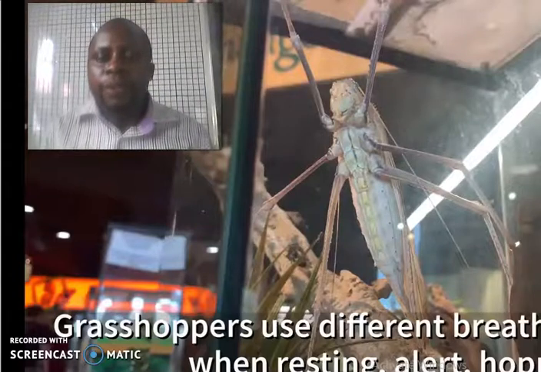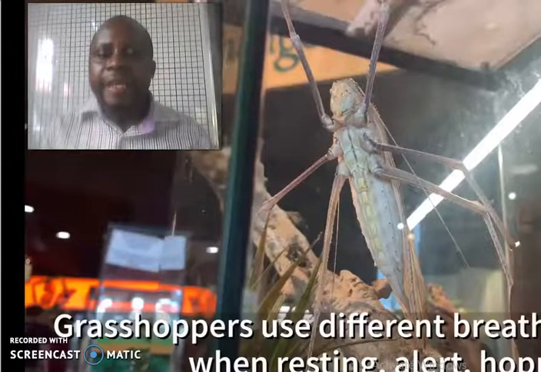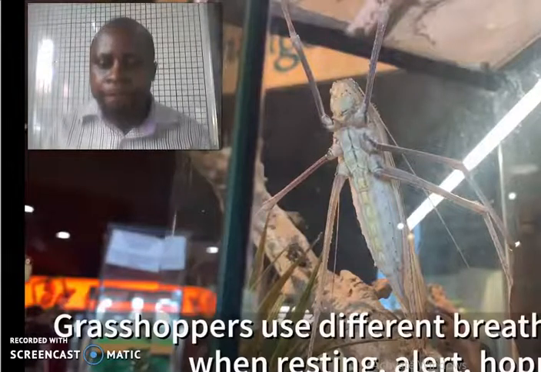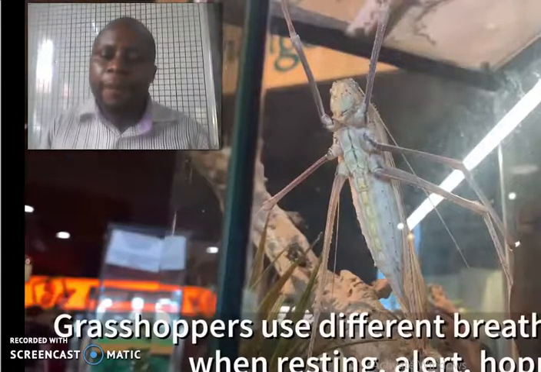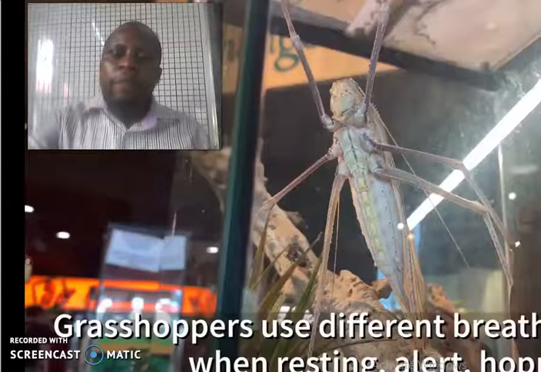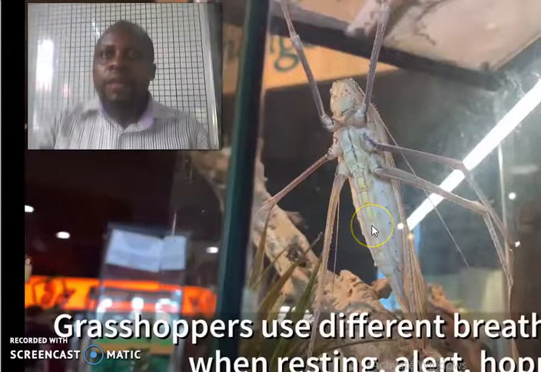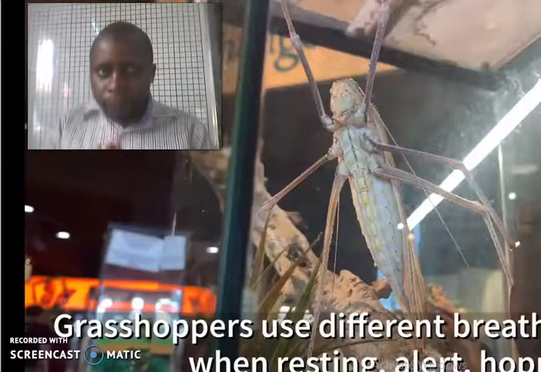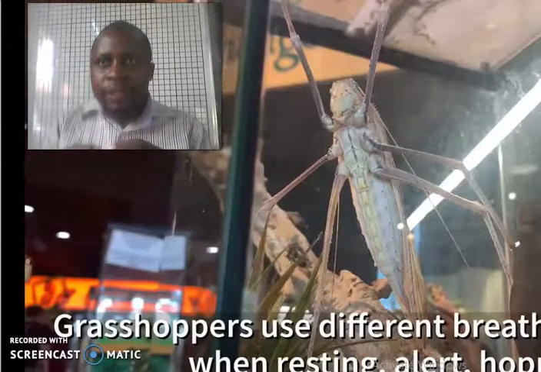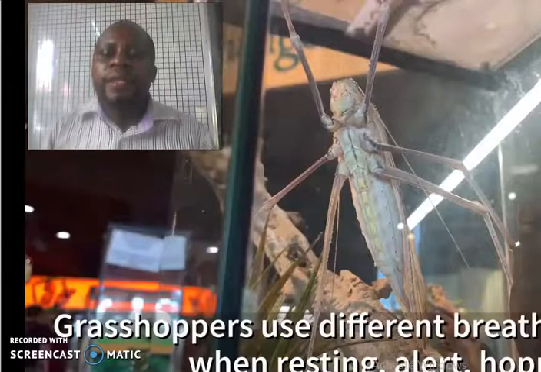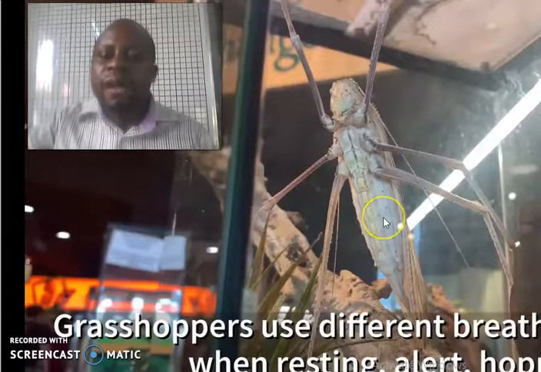Now, during inhalation or inspiration, that is breathing in, the muscles of the abdomen of the insect relax, hence increasing the volume of the abdomen.